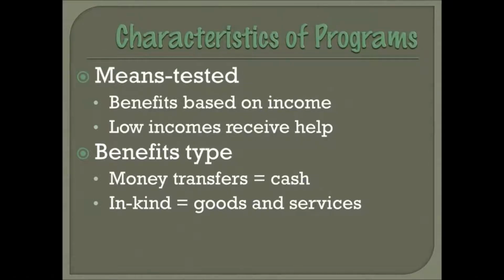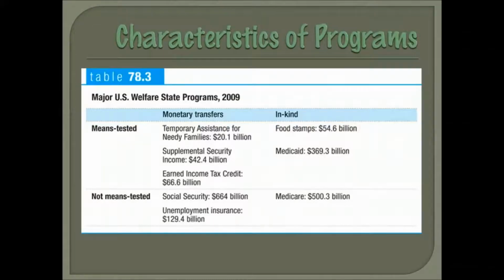And so what we can do is create a matrix that will help us to characterize various programs that the government offers. When we look at this matrix, we can see that means-tested programs, which look to see whether you meet a certain qualification or not, are things like Temporary Assistance for Needy Families, the Earned Income Tax Credit, Medicaid, or food stamps.